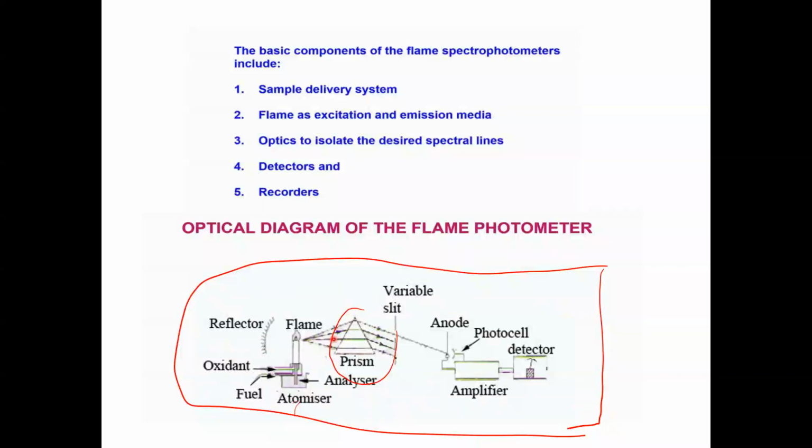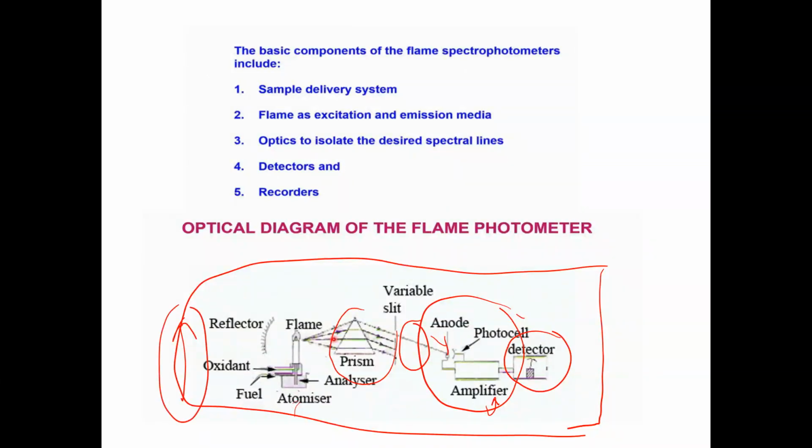After that, the variable slit will choose the specific wavelength, and the radiation will fall on the anode of the photocell, which converts the radiation into current. The amplifier will amplify it, and finally the detector will detect the signal. So you can see there is no light source required here.